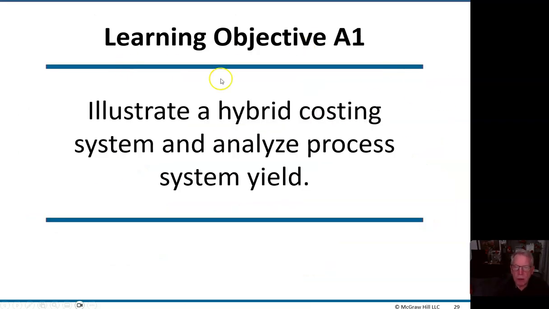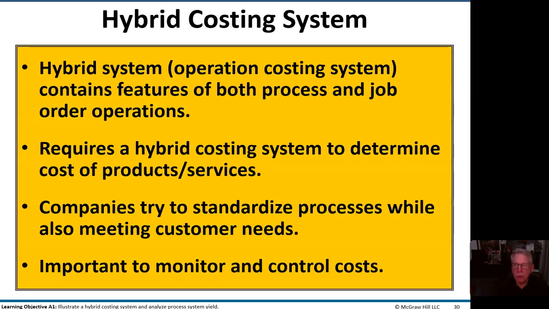Okay, so if we illustrate a hybrid costing system and analyze process system yield, here a hybrid costing system contains the features of both process and job order operations.